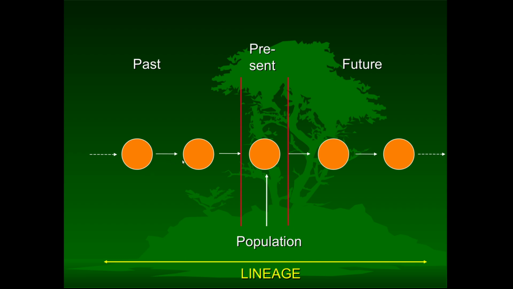You can look at this lineage at any point in time and see that there is a population there. But as you go back in time, the individuals in that population become more and more different from the present. And as you go forward, the same thing happens. But at each point, you have a population. And if you take all those populations together, that's what we call an evolutionary lineage.